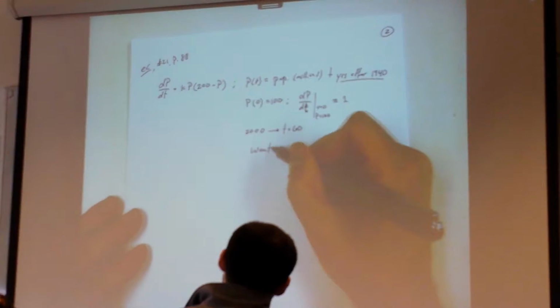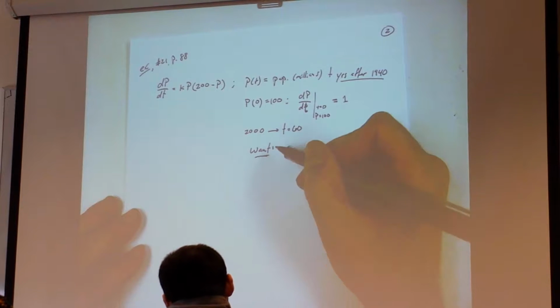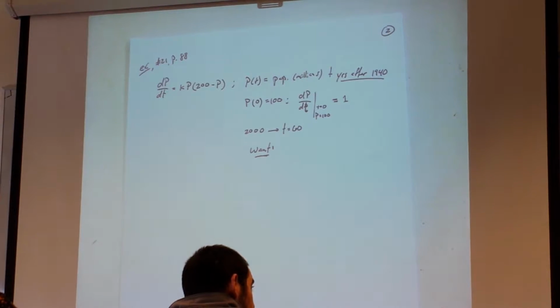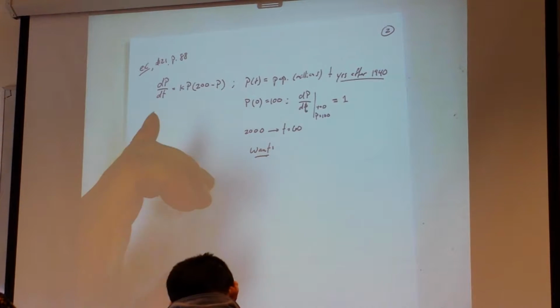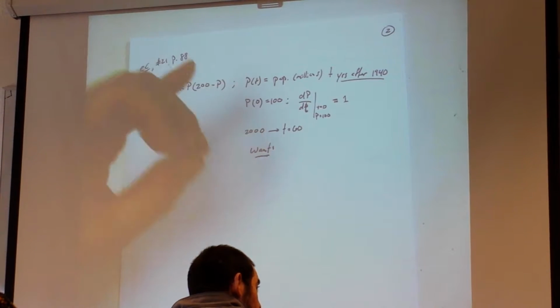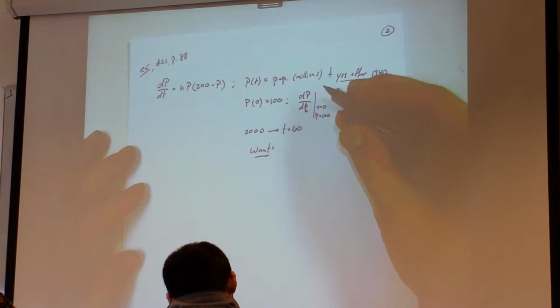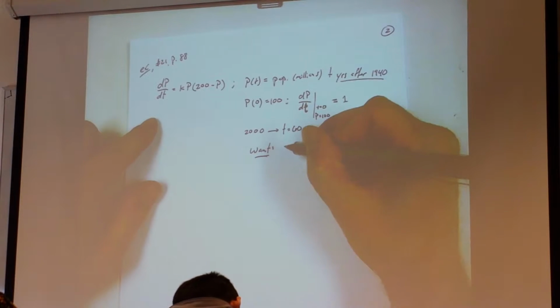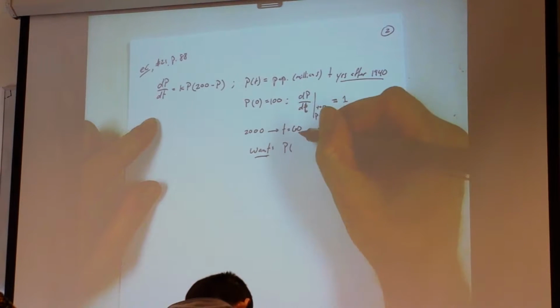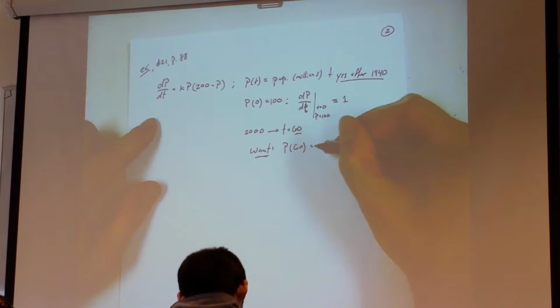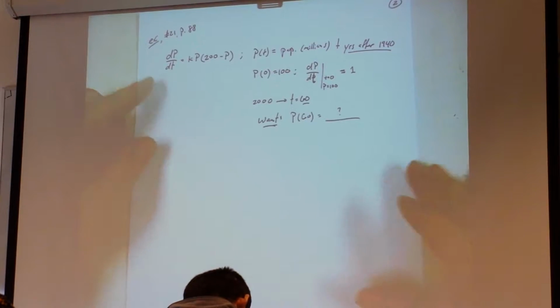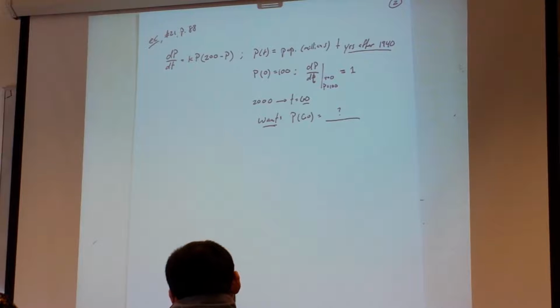It's always a good idea in related rates problems in Calc 1, and some of those problems in Calc 2, to remind myself at the beginning what I want and what I'm given, so I keep my eye on what I'm after. We want to know the population in the year 2000. So that's our goal.